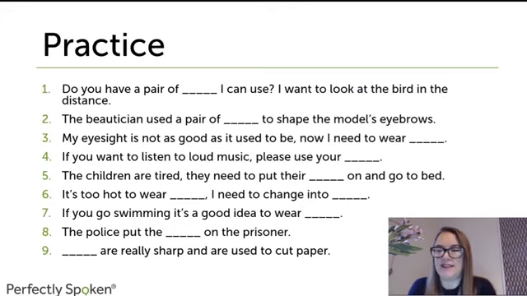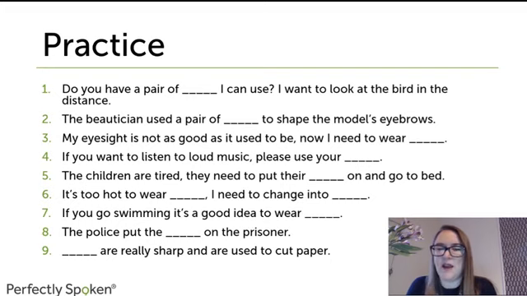So nine sentences here. Number 1, do you have a pair of, I can use, I want to look at the bird in the distance. Number 2, the beautician used a pair of, to shape the model's eyebrows.